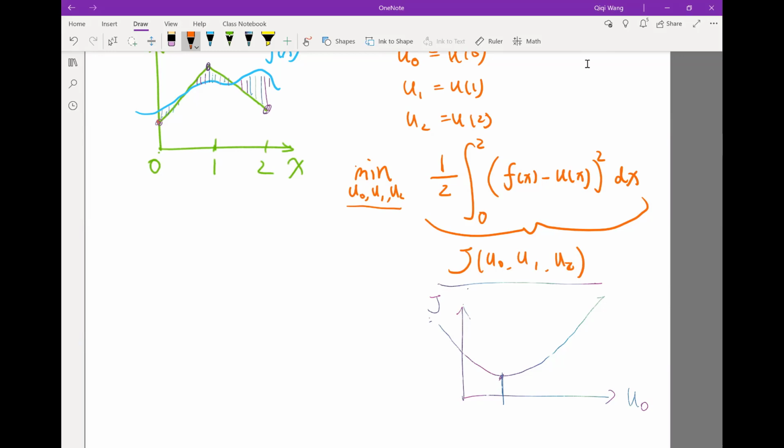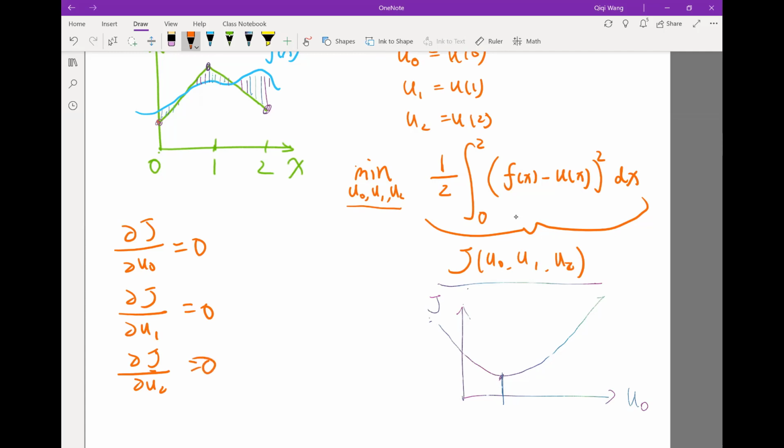It's a necessary but not sufficient condition for the function to be minimized. So we want to set dj/du0 to 0, dj/du1 to 0, and dj/du2 to 0.